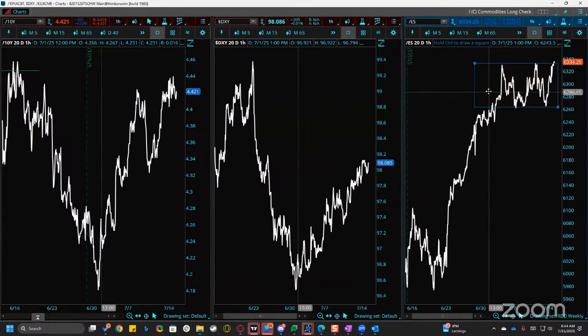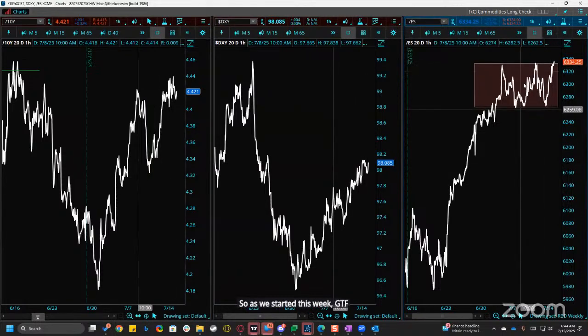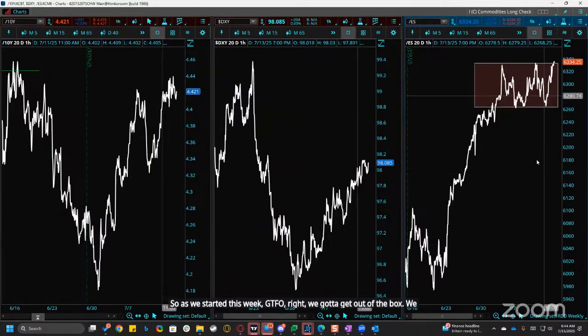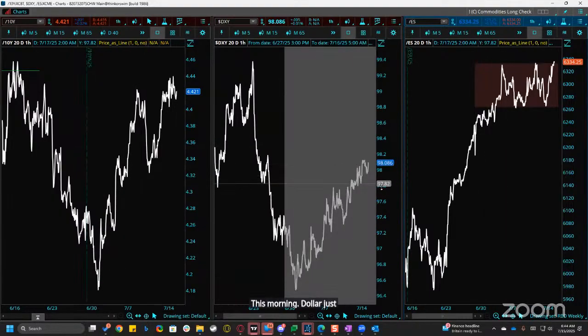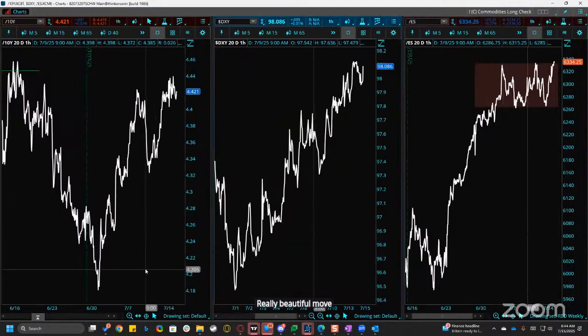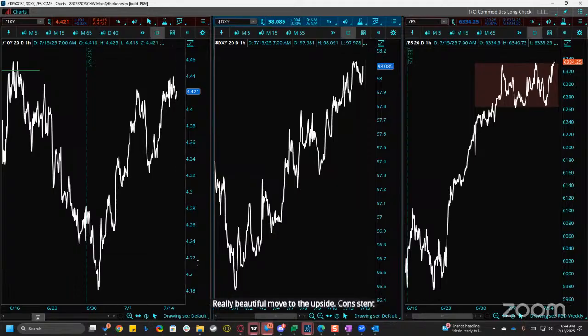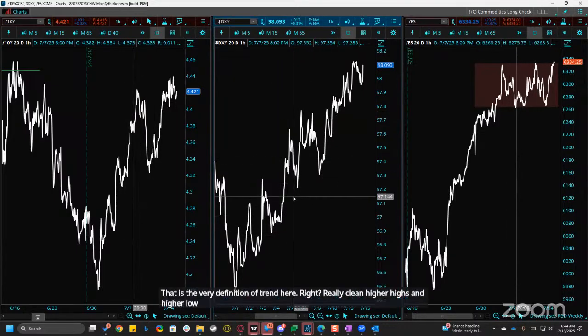So as we started this week, GTFO, right? We got to get out of the box. We're trying that this morning. Dollar just in this really beautiful move to the upside, consistent and persistent. That is the very definition of trend here, right? Really clean, higher highs and higher lows.